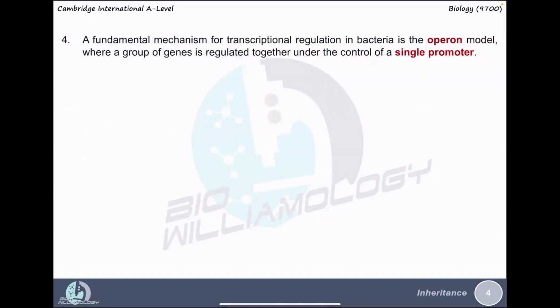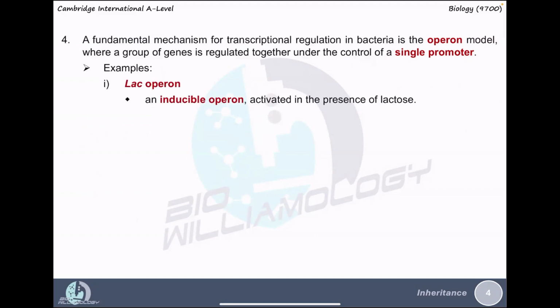The fundamental mechanism for transcriptional regulation in bacteria is the operon model, where a group of genes, commonly known as the structural genes, is regulated together under the control of a single promoter.